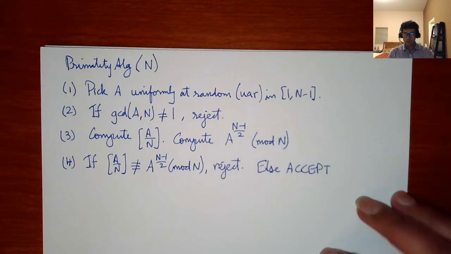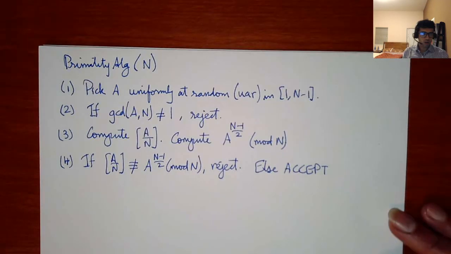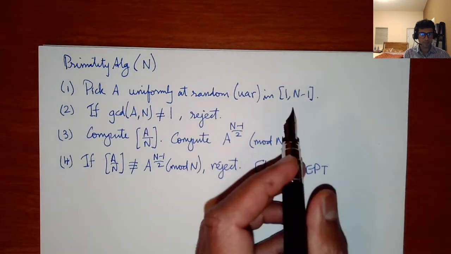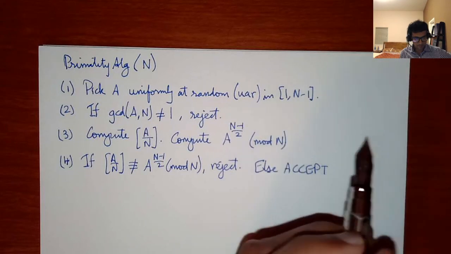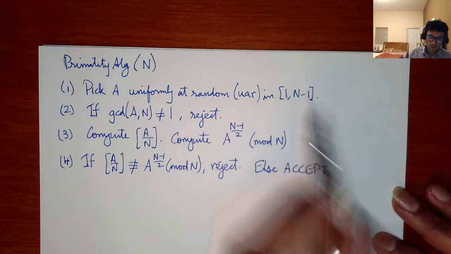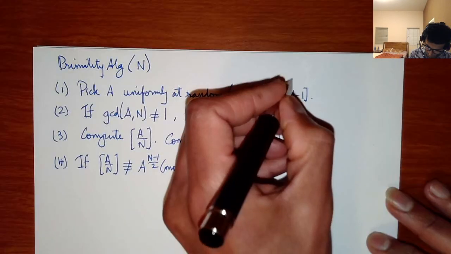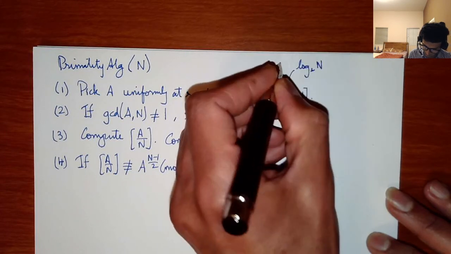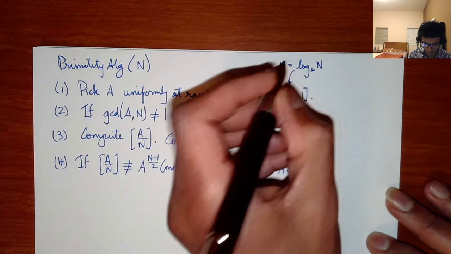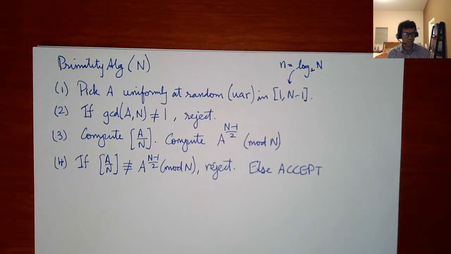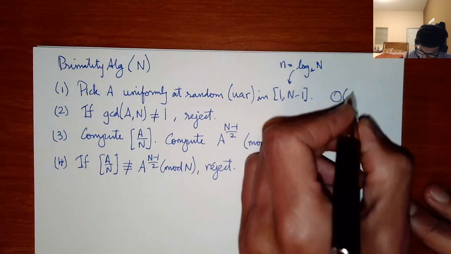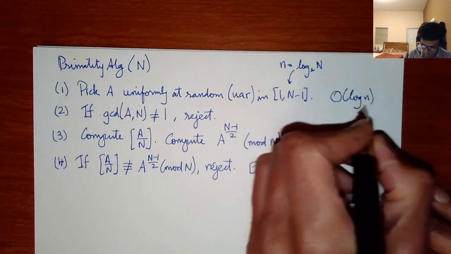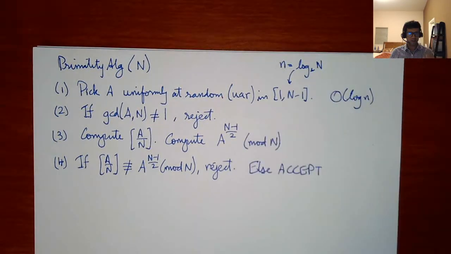Okay, so how long do these steps take? Let's think about it a little carefully. Note that I'm going to say n is equal to log base 2 of n, because little n is the size of the representation. Picking A can be done in O of log n. You just pick O of log n random bits, right?